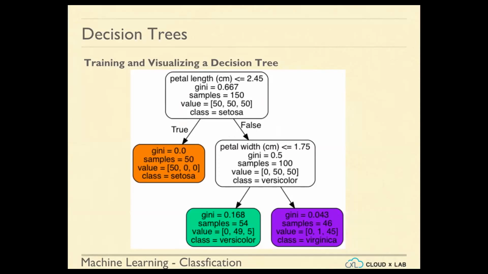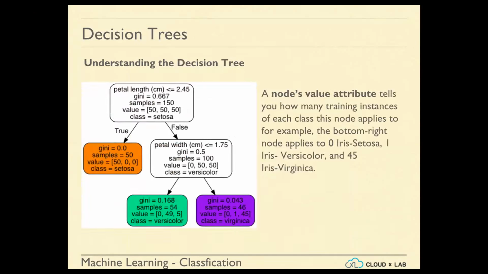All right, should we start? This is the visualization that we generated. This is the decision tree automatically generated by the algorithm, and this is what we are going to use in order to classify.